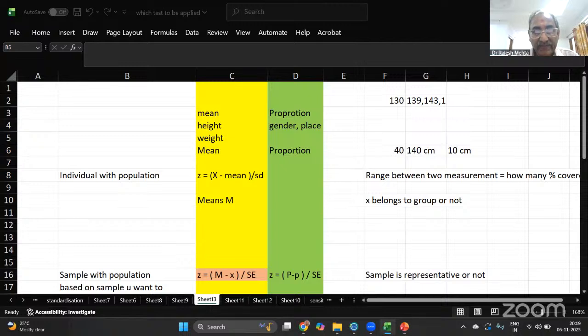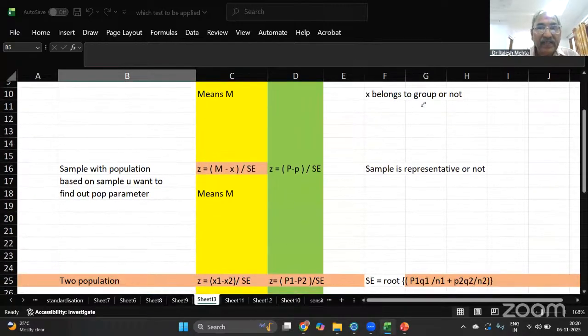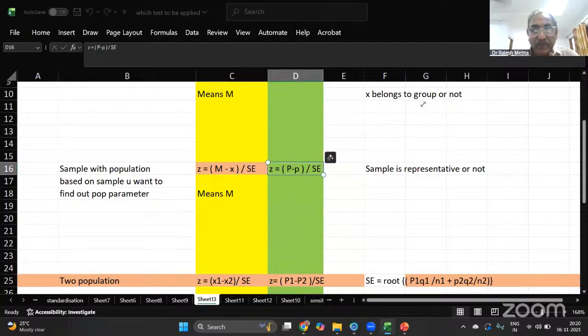So let us try to use a test. This is known as standard error of proportion. Now, when you use the standard error of proportion, let me have a blank sheet over here.